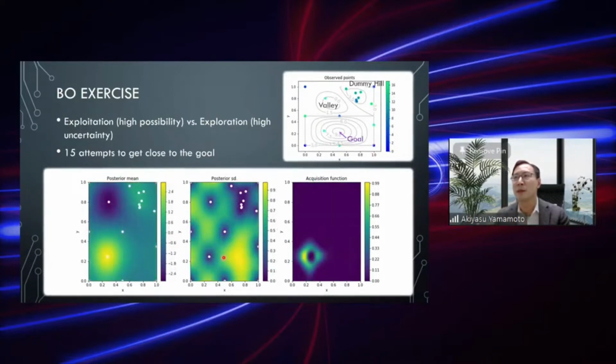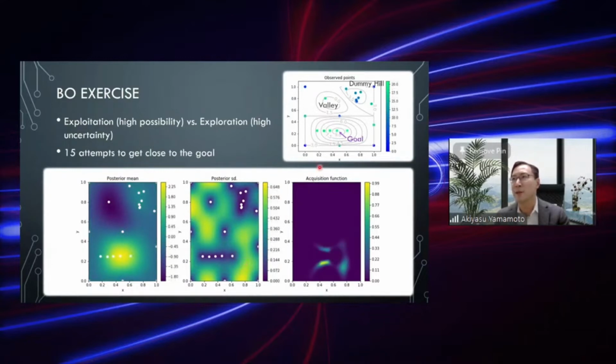And after the 12th move, BO found a part of the mountain. And BO predicts the average function has a maximum value near the mountain, and continues the search around here, like this. And after the 15th move, nearly the maximum value was found.